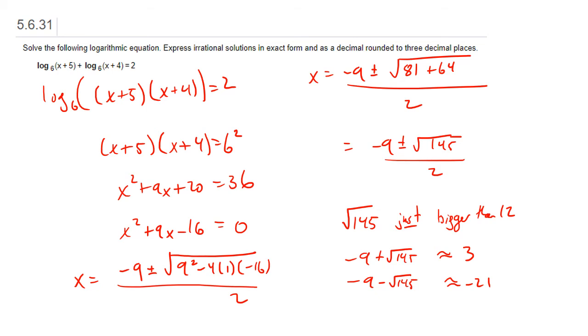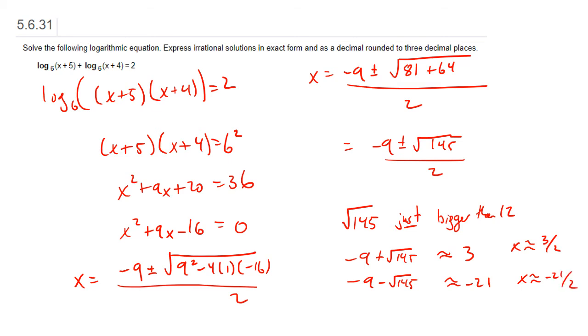Specifically, and then I need to divide by 2, sorry. So if negative 9 plus root 145 is approximately 3, then x is approximately 3/2, and if negative 9 minus root 145 is approximately minus 21, then x is approximately negative 21/2.